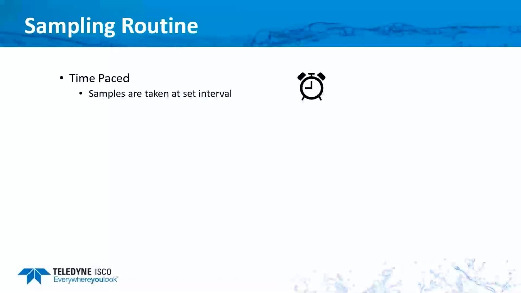For sampling routines, we have a variety of options to configure the sampler for collecting those samples. First of all, there's time-based, where we can tell the sampler to collect a sample every 15 minutes, every 30, every hour, and throughout the interval of time that the sampler program is configured to operate over, it will collect that sample at that regular interval.